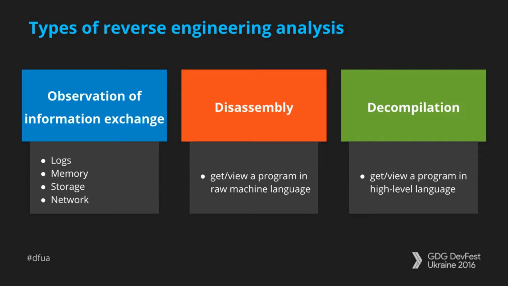But today we are not talking about dynamic, but about the static way of reverse engineering, about disassembly and decompilation. Disassembly is when we try to get a representation of executable binaries in the form of assembly language, or in the case of decompilation, in a high-level language. In Android, it's Java or maybe Kotlin.